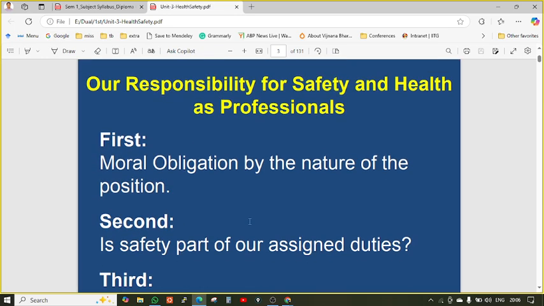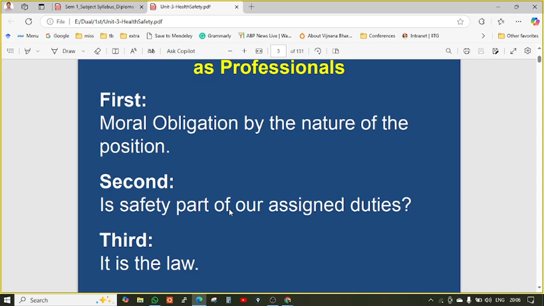So, our responsibility for safety and health professionals. There are three things. In the last class we studied about poison.